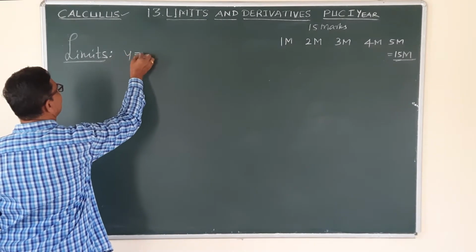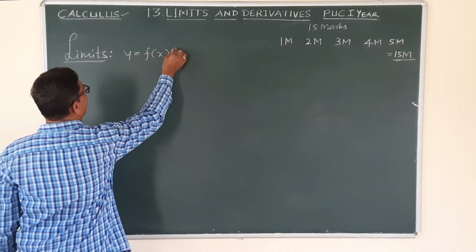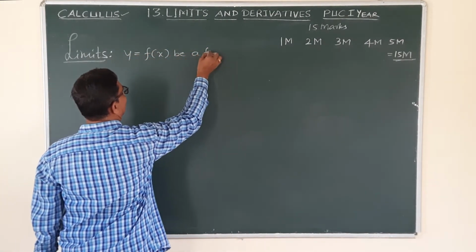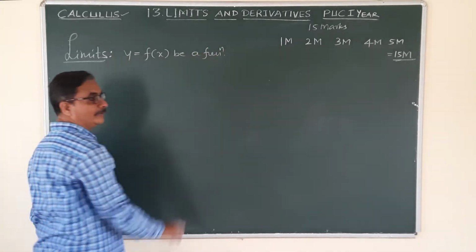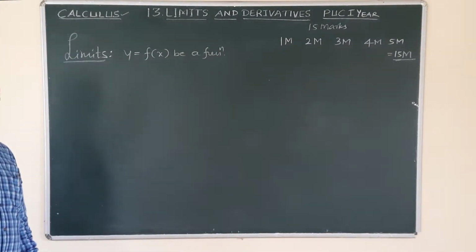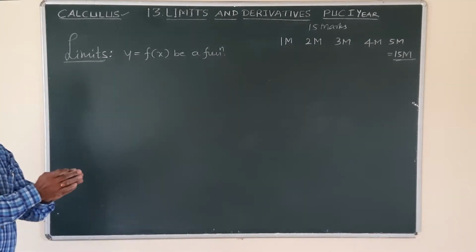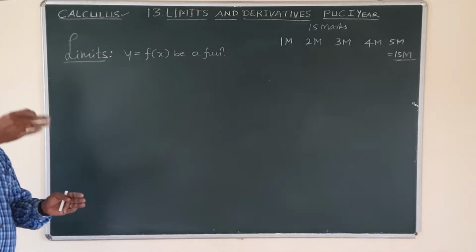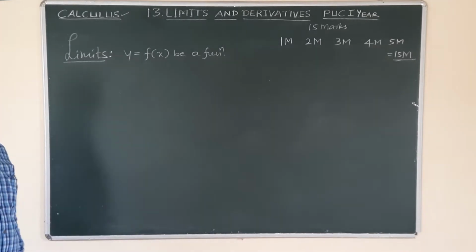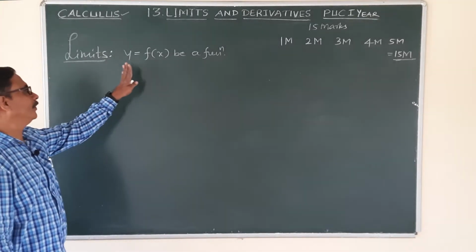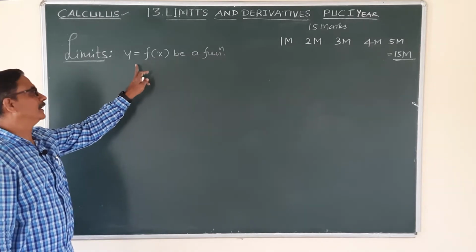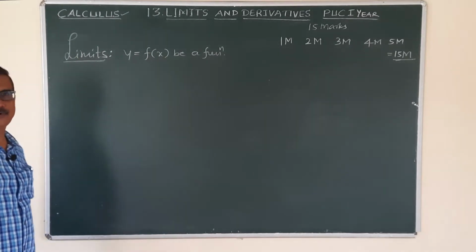Let y is equal to f of x be a function. You know the definition of function. Remember, function means it is a rule in which all the elements of a set are associated with a unique element in the second set. Symbolically, a function can be written as y is equal to f of x.